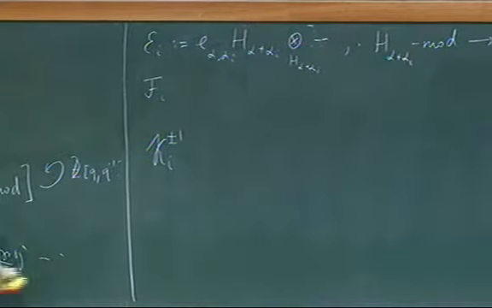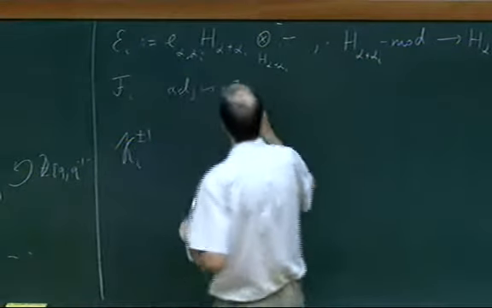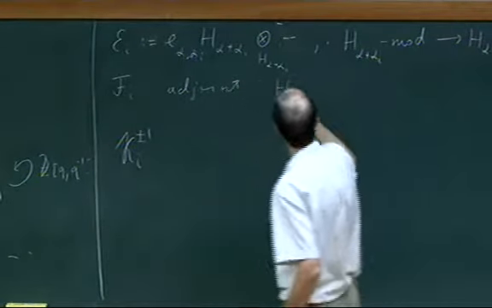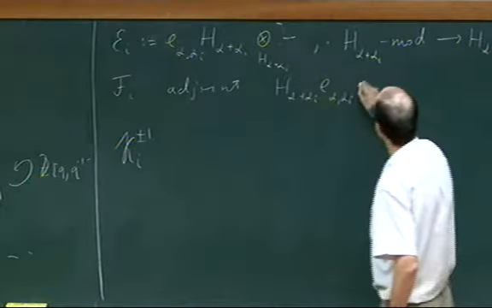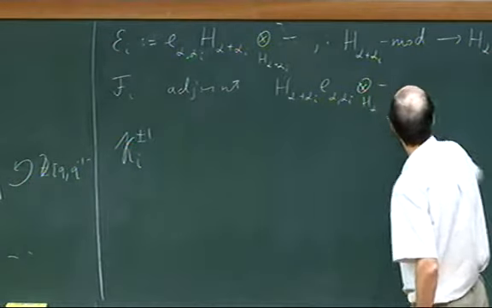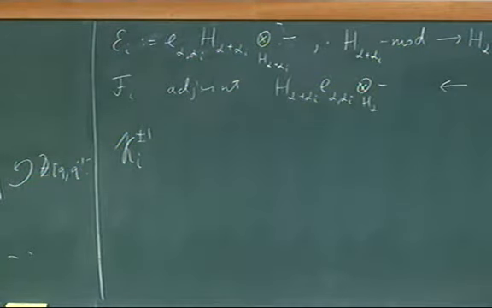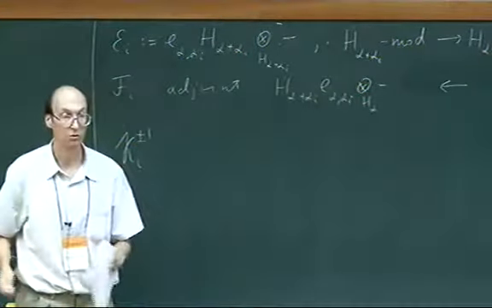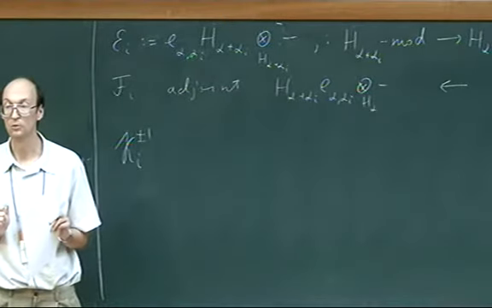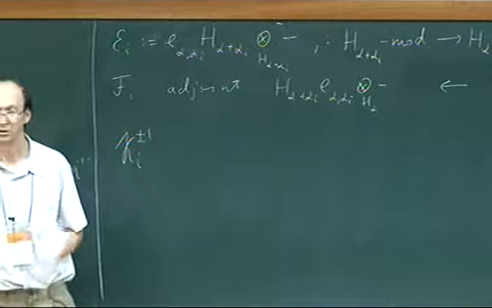And then there is a certain adjoint functor, which I won't write down, but it's H_{alpha plus alpha_i} e_{alpha, alpha plus alpha_i} tensor over H_alpha, blank. It goes in the opposite direction. The reason I'm not writing it down is because I'm lying slightly: there is also a degree shift, which you have to put in artificially, otherwise it will not be adjoint. I'm just going to sweep it under the rug, it doesn't matter.